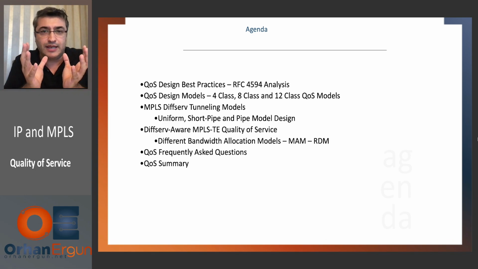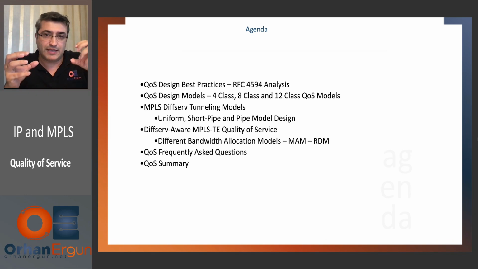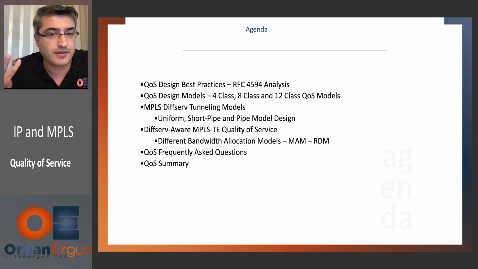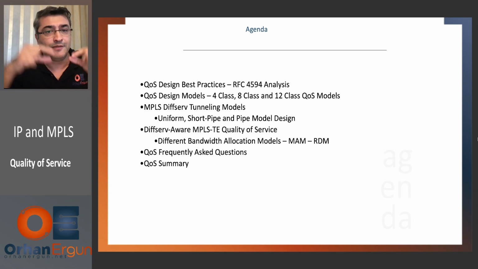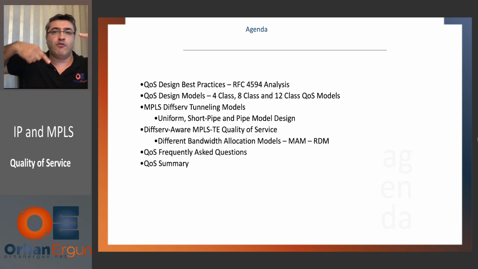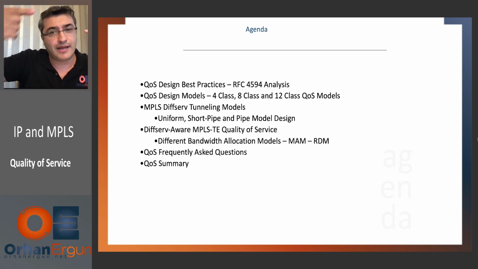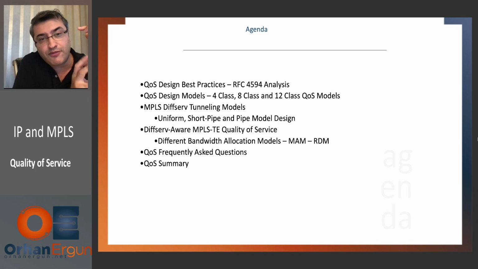But what we did is we merged DiffServ quality of service with MPLS traffic engineering. So then we were able to signal voice LSP or best effort traffic or EF traffic, AF traffic on different LSPs, and those different LSPs required bandwidth constraints and CSPF.